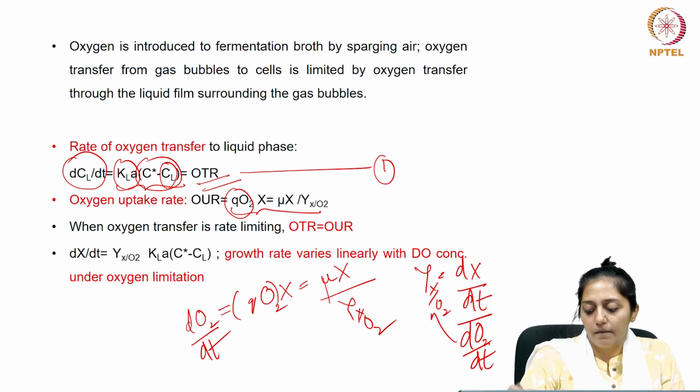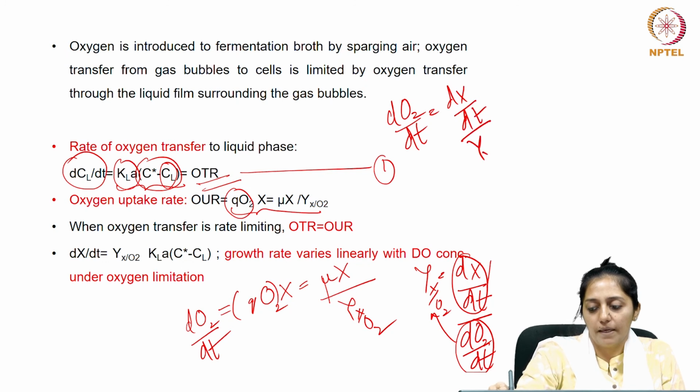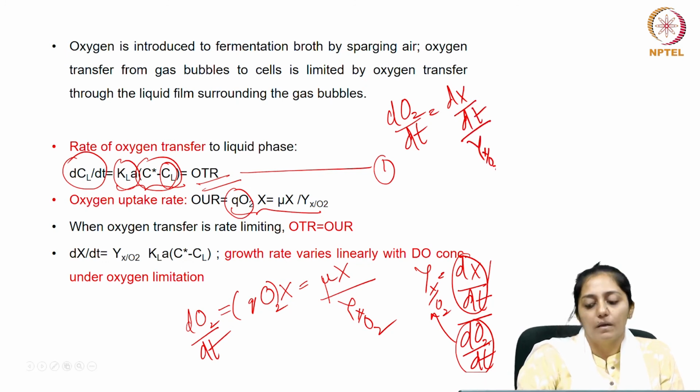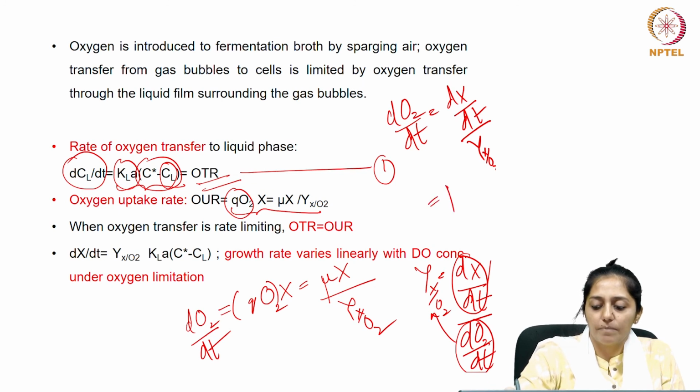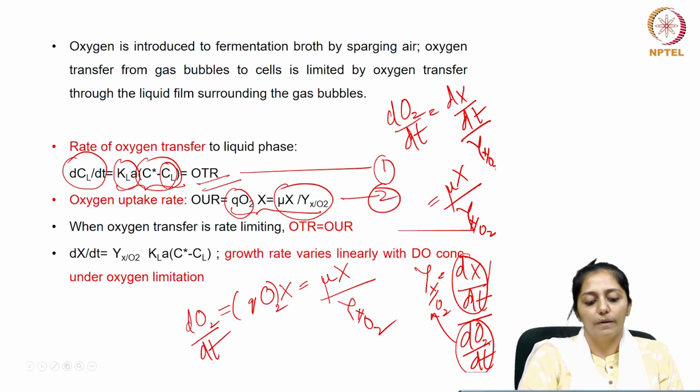So if you need to know the rate at which oxygen is getting consumed for growth, you can write it as dX by dt by Y_X/O2. Now this dX by dt is again substituted as mu times X, and then you get your equation 2.